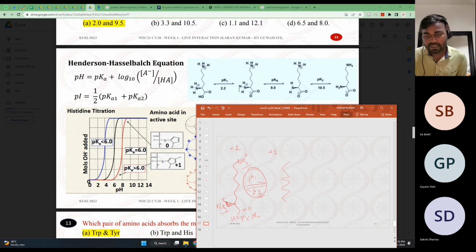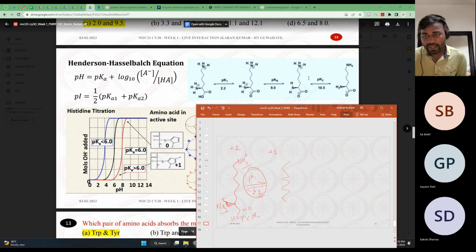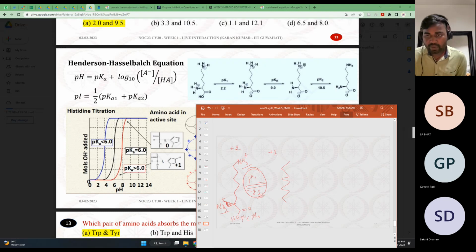Okay, the amino group which is attached to the alpha carbon. So at the pH 9, the alpha amino group will lose its proton, and then it will exist in the net zero charge. Now this is positive and negative. Okay, this is the net zero charge.